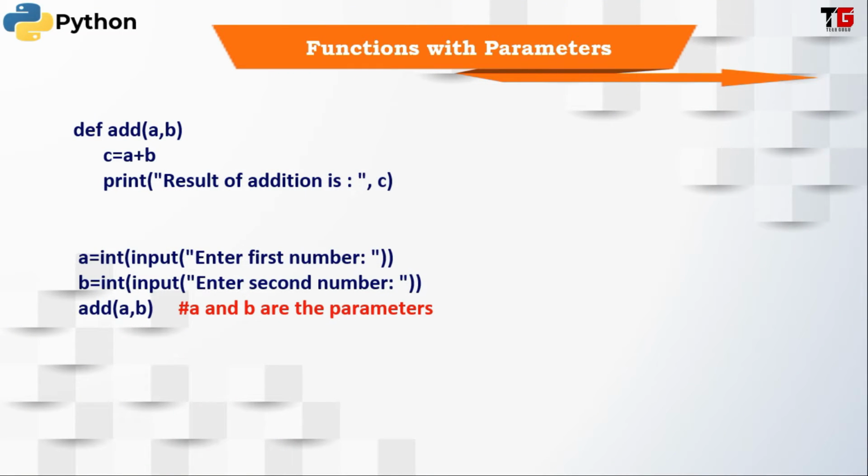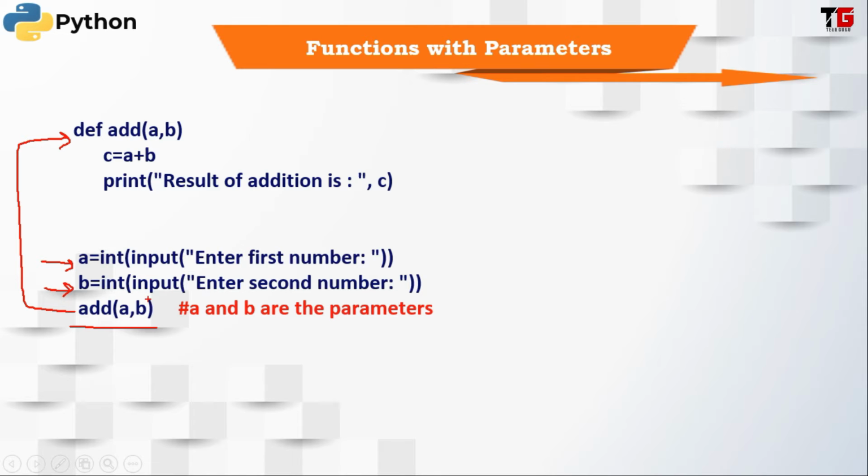It can be done with the help of parameters or arguments. Now let's see what I did. In the main itself I am accepting two numbers, a and b. Then I am calling the add function. The control will go to this add, but look, now the braces of the add function are not blank.